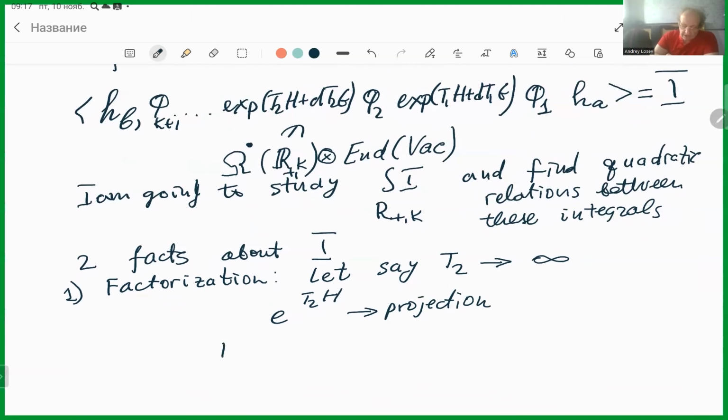So it means that I symbolically write like this. And here I have something, say T2 goes into I. This and this.